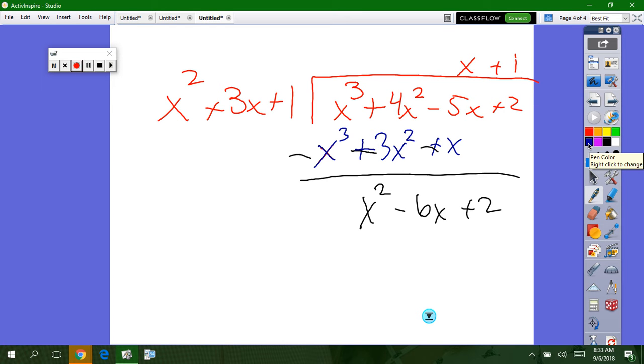You with me, Jared? Nope. 4x squared minus 3x squared is x squared. Negative 5x minus x is negative 6x. Just off a little bit. Are you okay with that, Jared? Ethan?